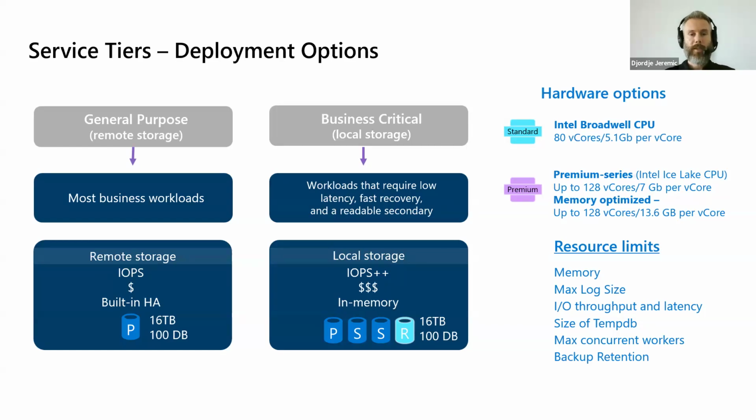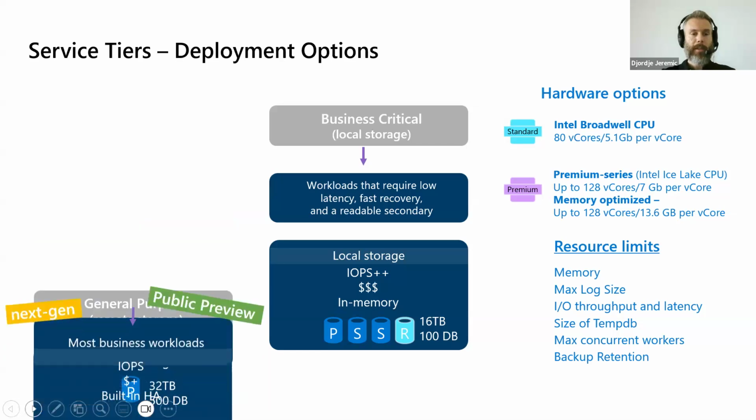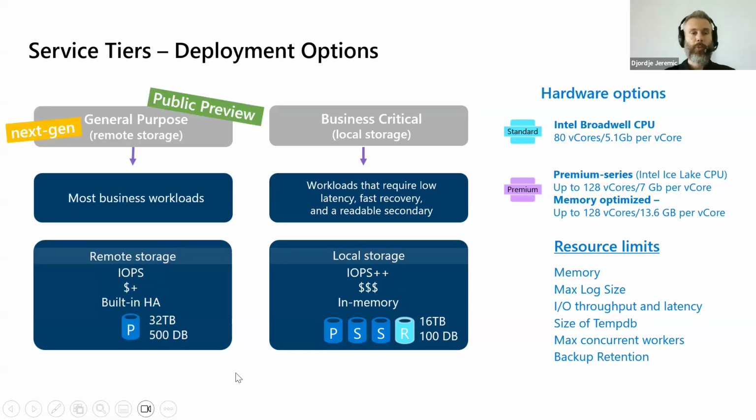And we also have business critical, which has a locally attached storage, and it's really meant for highly demanding business applications. Something that we introduced recently is a public preview of the next generation of general purpose service tier. It pushes the limits to 32 terabytes and 500 databases. So I'll just leave this topic as it is. If you have any questions pertaining to this, we can address this later during Q&A session.